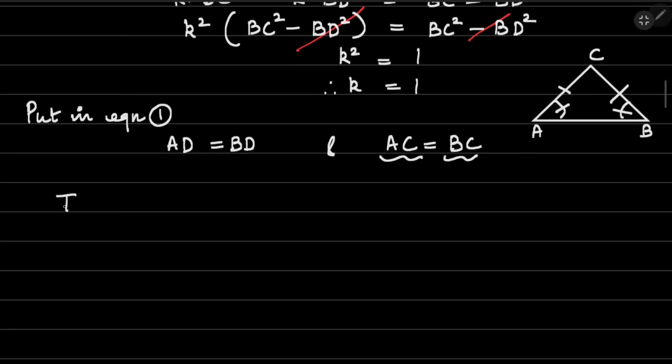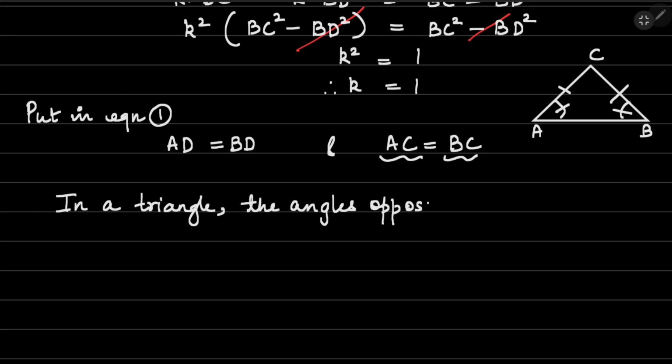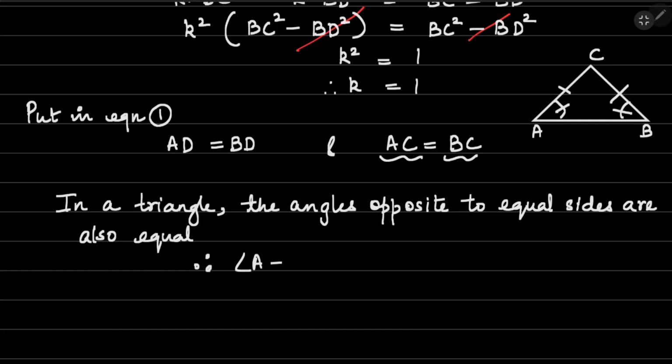So you can write, in a triangle, the angles opposite to equal sides are also equal. So therefore, angle A is equal to angle B, hence proved.